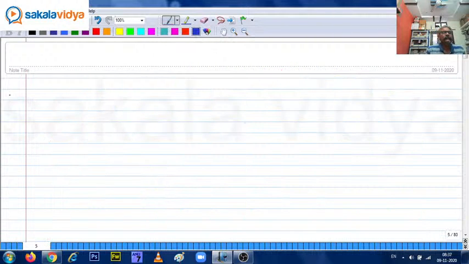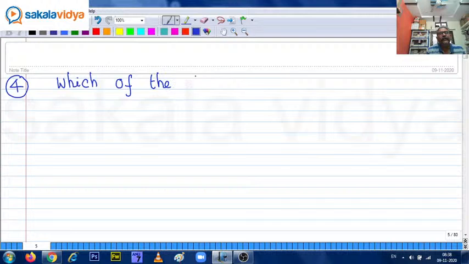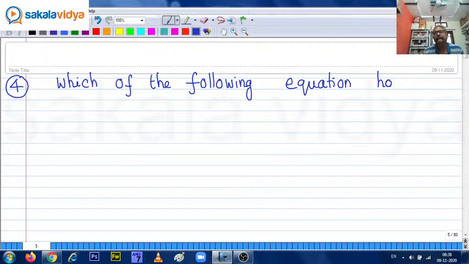Next, fourth question. Which of the following equation has 1 by 5 as a root?